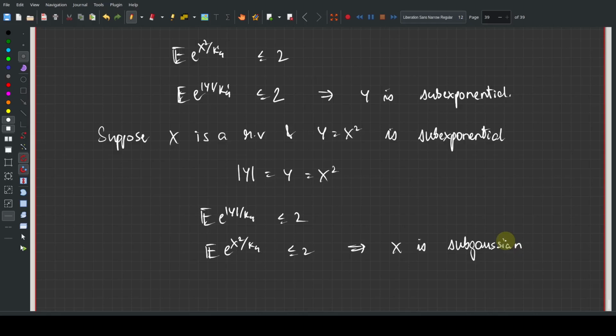If x is sub-Gaussian, then x square is sub-exponential. If x square is sub-exponential, then it automatically means that x is sub-Gaussian. So if you can, in some particular problem, say something about the behavior of x or x square, then you also know how the other is going to behave.